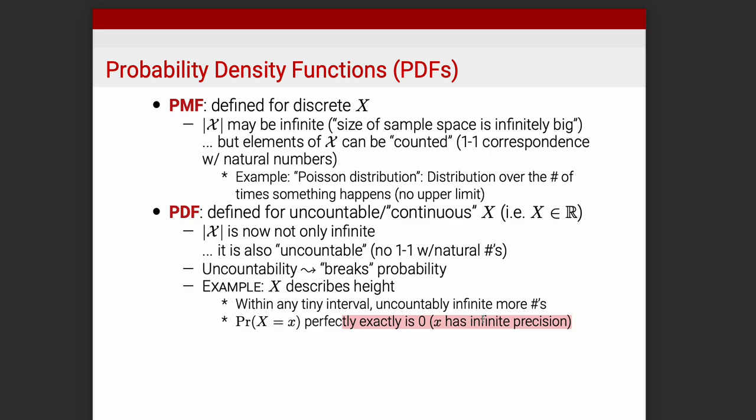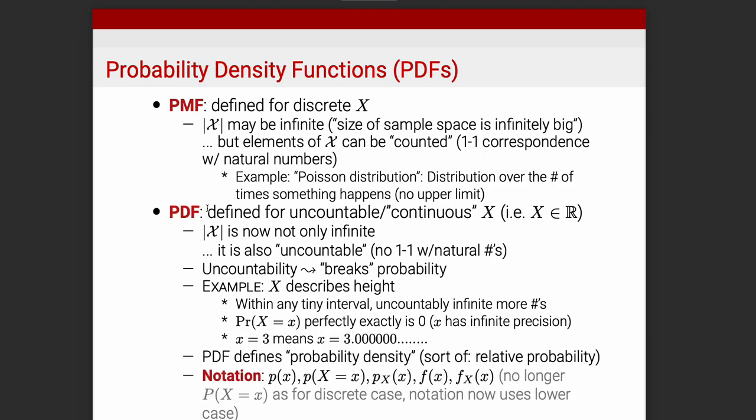I'll talk about this now, and we'll talk about it next time too, because it's always good to review. The basic idea is that PMFs and PDFs are similar, but there are some differences as well. The similarities are that PDFs define relative probability, or relative frequency, in a similar way to PMFs, but now this notion of relative is important.